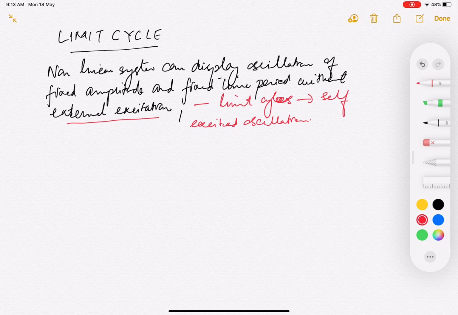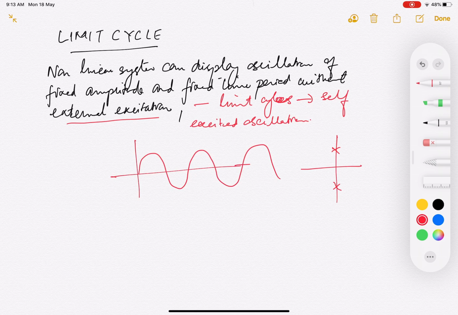You also have oscillations in linear systems, wherein if you remember, for marginally stable systems which have poles exactly on the y-axis, you have a marginally stable behavior like this, right? You have sustained oscillations for linear systems as well, but the difference is that these oscillations are not of a fixed amplitude.